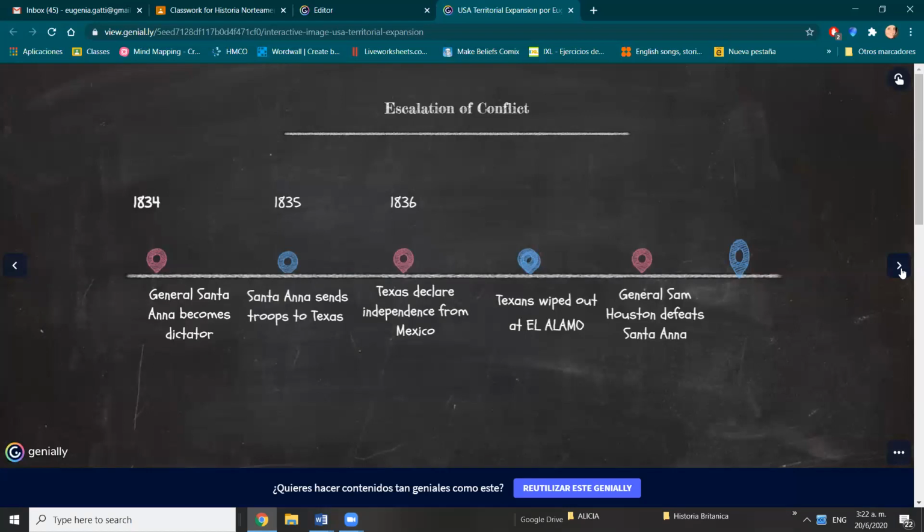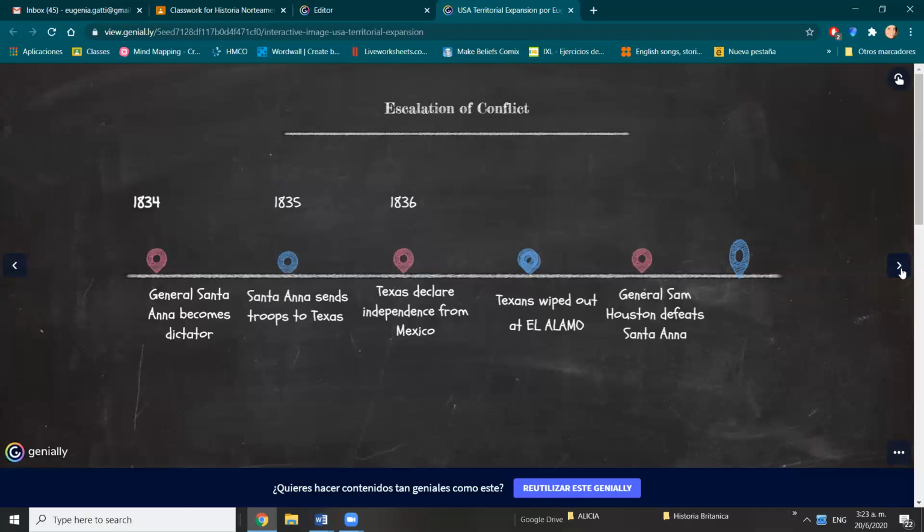Why not? Most of the people there were very similar to the rest of the southern states, and it was, as we said, a very prosperous province.